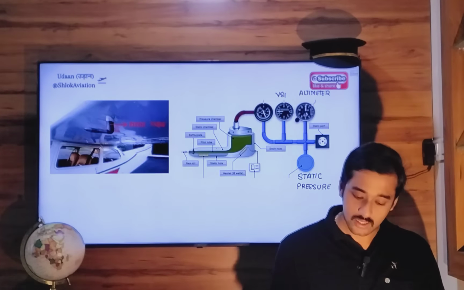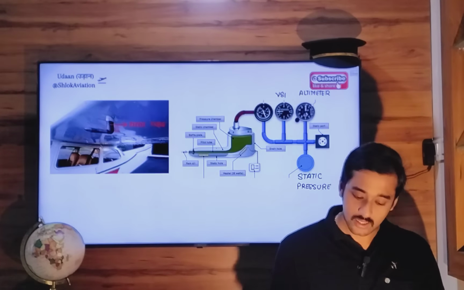Whatever pressure is sent by the pitot tube is called pitot pressure. Now this pitot pressure is a combination of dynamic pressure, like I explained before, plus static pressure, because static pressure is the normal atmospheric pressure. So pitot pressure is dynamic plus static.